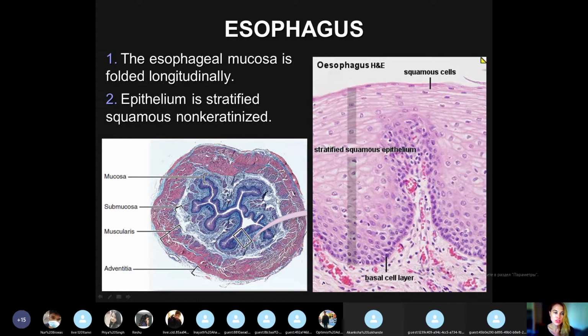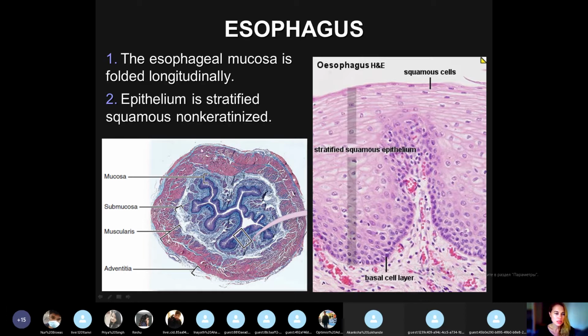The second is the relief of esophagus. If you remember, in the beginning of the lecture, I told you that tunica submucosa, which grows towards the mucosa, forms a specific shape of the surface. And this shape is different in different organs of the digestive system.